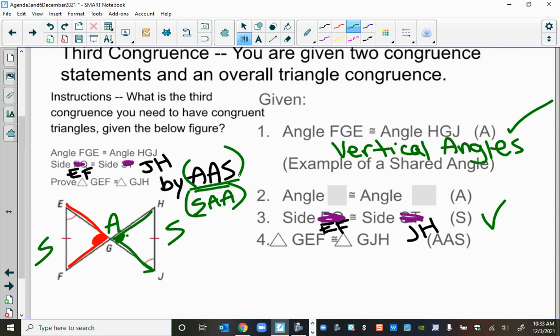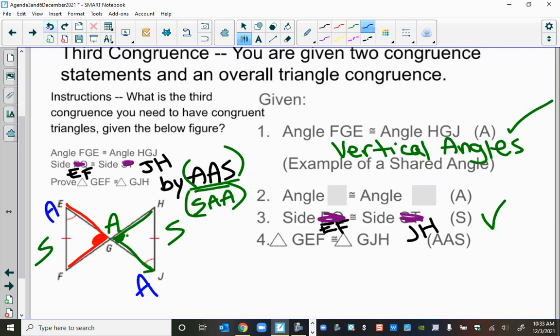Look at the arcs. How many arcs do you see for E? One each. All right, so this is where we get the A, even though they're in opposite directions. Notice E and J have one arc.